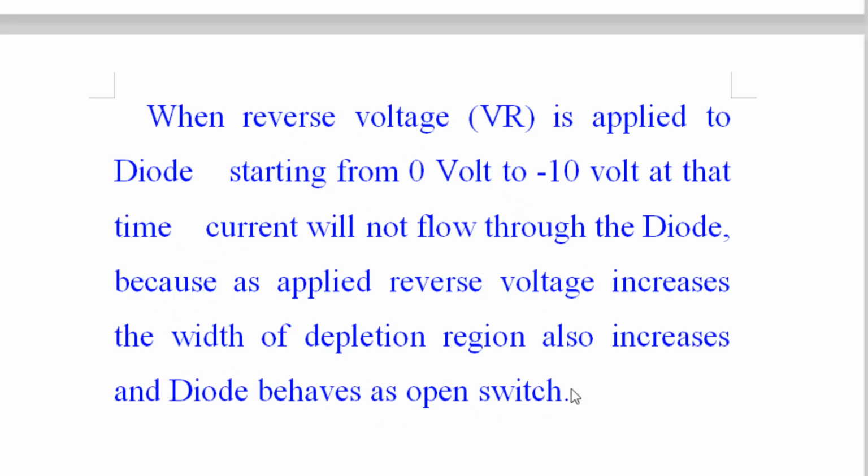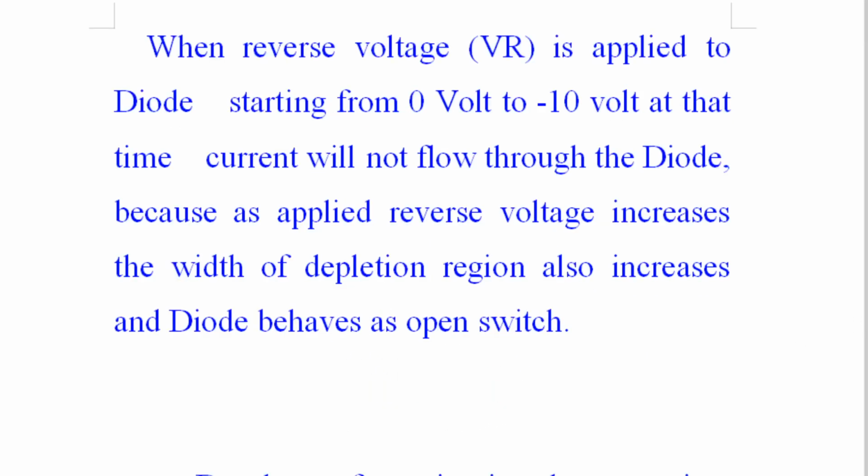This explanation is about the ideal diode, because as the applied reverse voltage increases, the width of the depletion layer also increases and the diode behaves as a perfect open switch in case of an ideal diode.